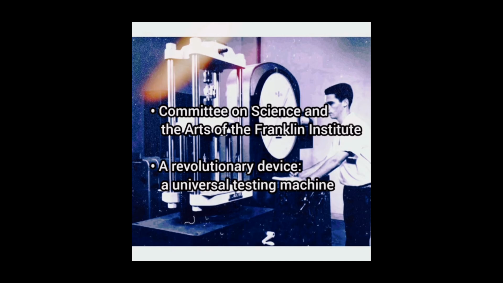Olsen was full of ideas for a revolutionary device, a universal testing machine. On February 6, 1880, Olsen submitted an application for a patent, a new and useful improvement in testing machines, and patent number 228,214 was granted on June 1, 1880.